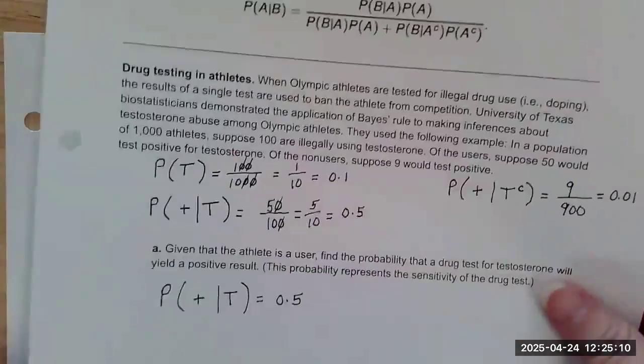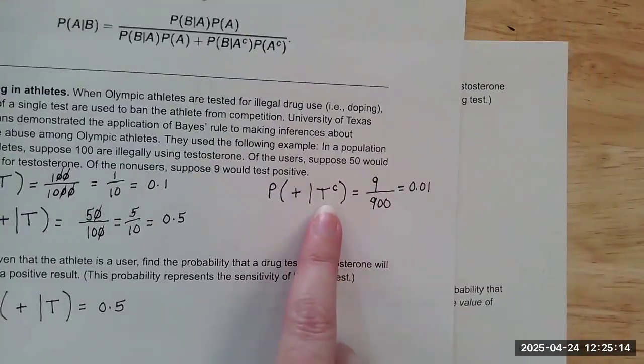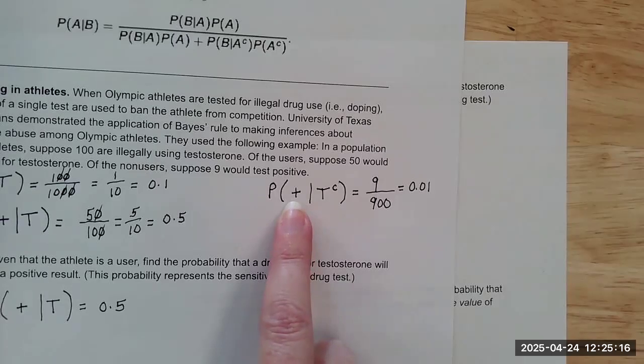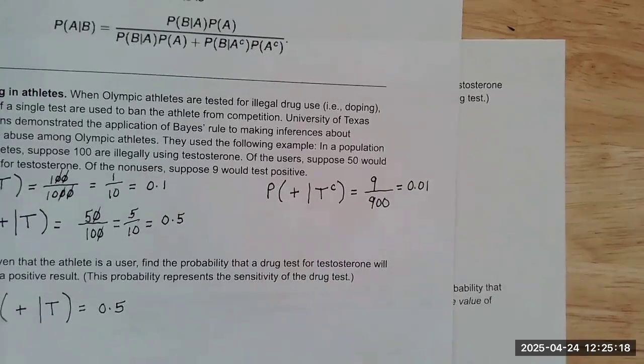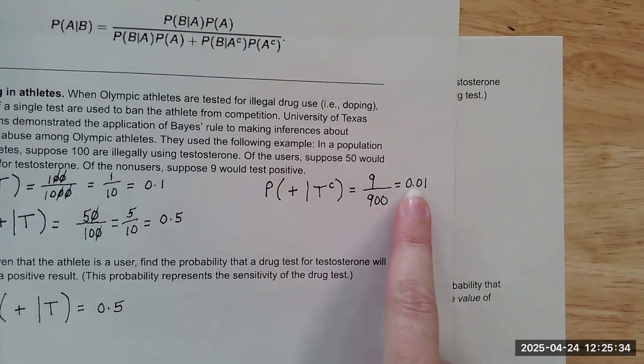We have the number of people who were not using testosterone who tested positive. The only other option is that they tested negative, right? So there's two options. So if I have the number for however many of them tested positive, could I get the number who tested negative?